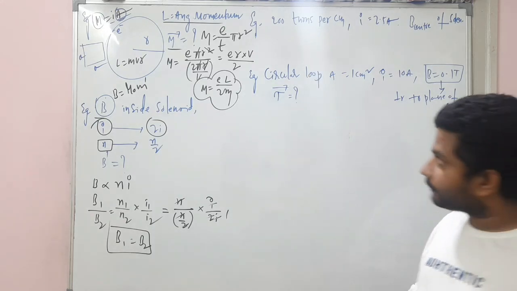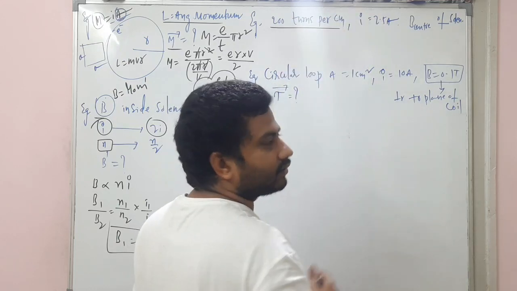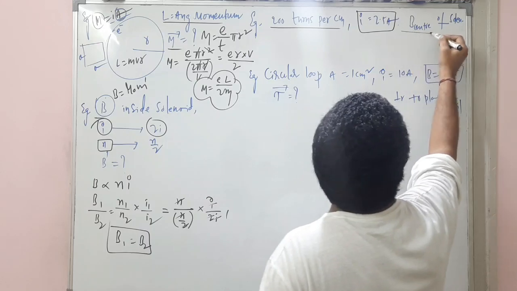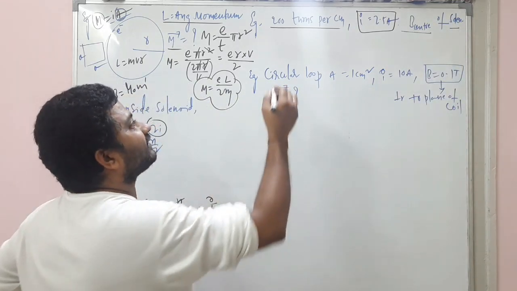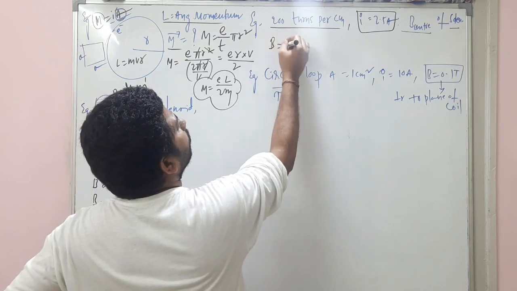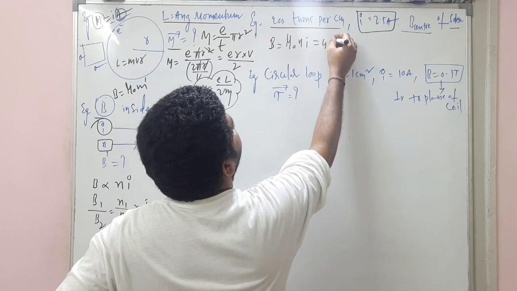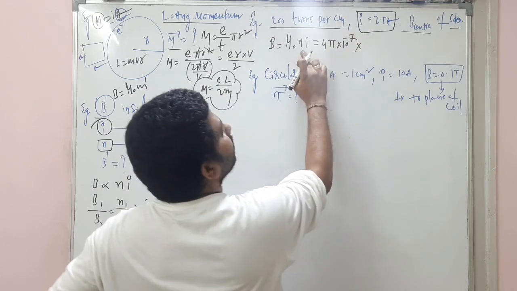Next, 200 turns per centimeter. Current I is given. Magnetic field at the center of the solenoid, 200 turns per centimeter. B is equal to mu naught into n i, where mu naught is 4 pi into 10 raised to minus 7, into n.